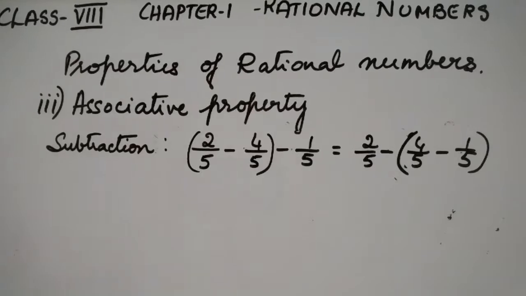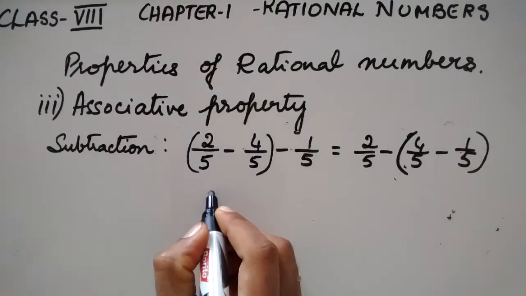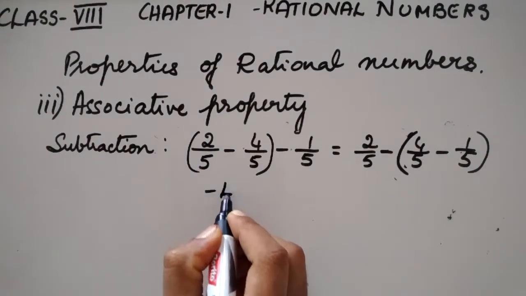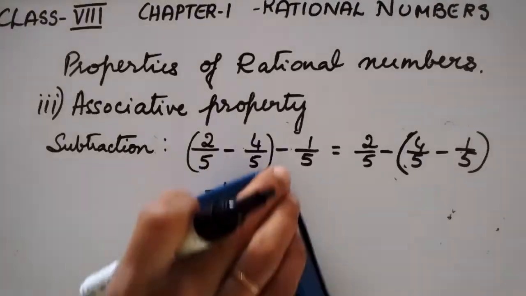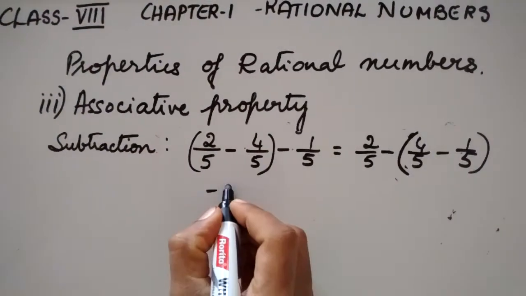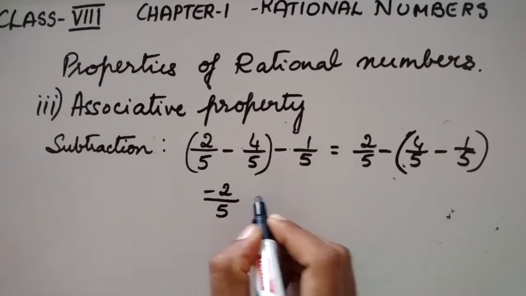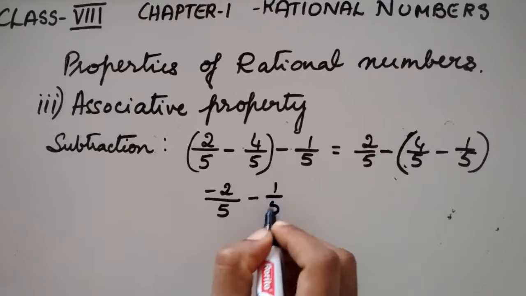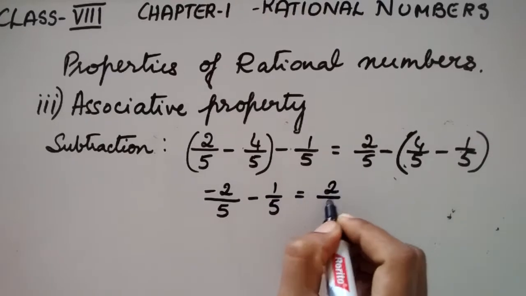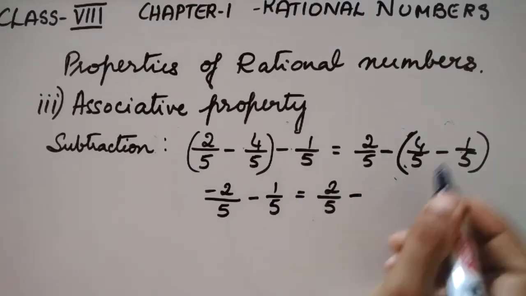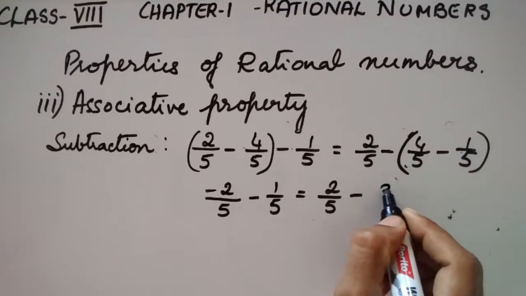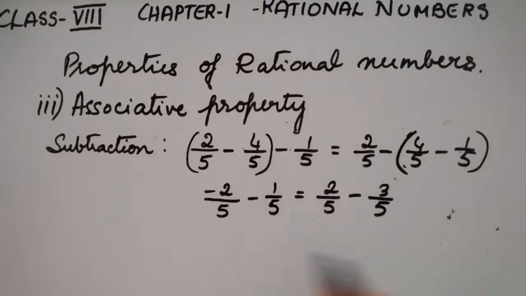Okay, here 2 minus 4 is 2 divided by 5 minus 1 by 5. Here 2 by 5 I'll write as it is, minus what is 4 minus 1, 3 divided by 5.